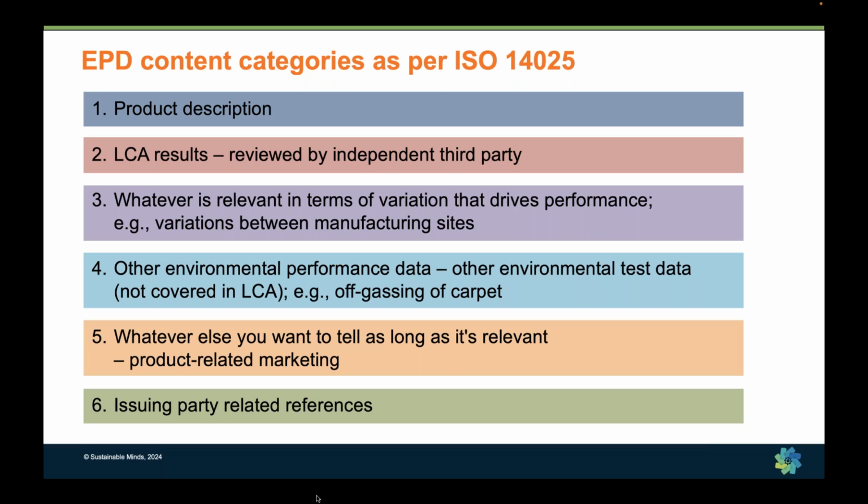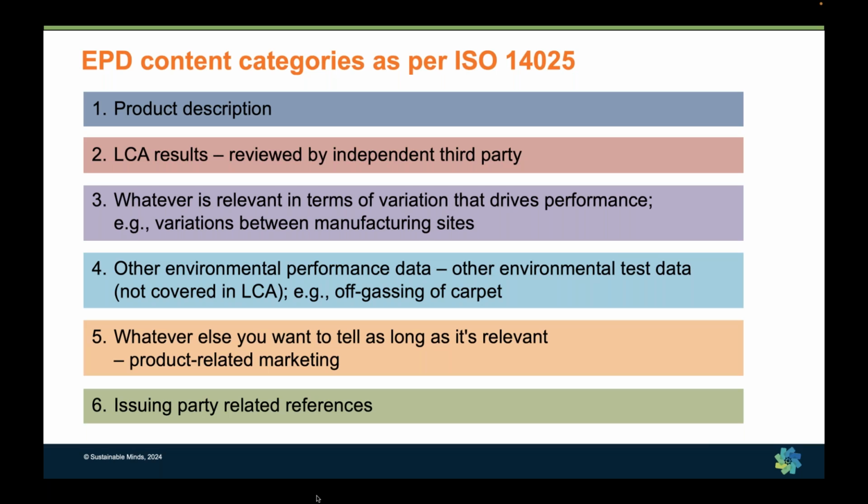And some of it is required and some of it is optional. So product description is required, LCA results reviewed by an independent third party is required, and whatever is relevant in terms of variation that drives performance, the PCR is going to prescribe that variation and what needs to go into the EPD.